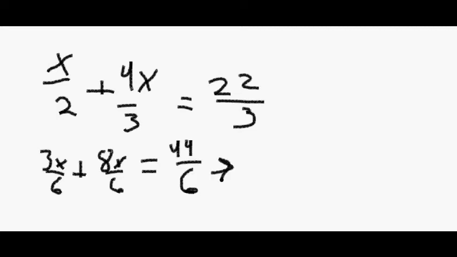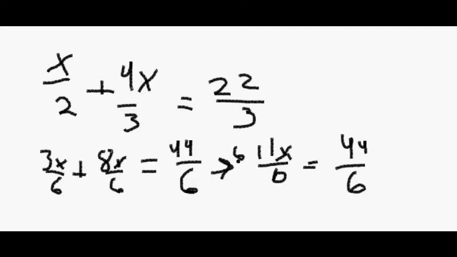Alright, all we have to do is now simplify it. 3x plus 8x is 11x over 6, equals 44 over 6. Now we have to get rid of that 6. So we need to multiply each side by 6 over 1.